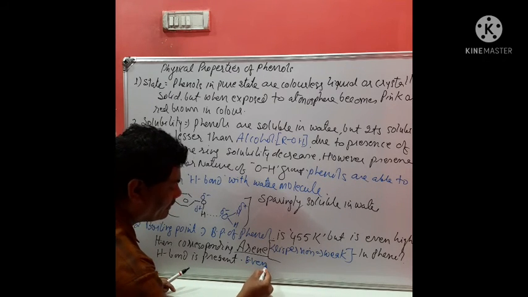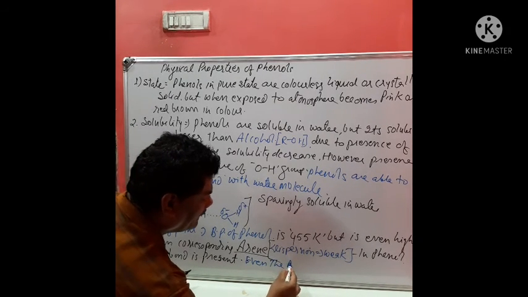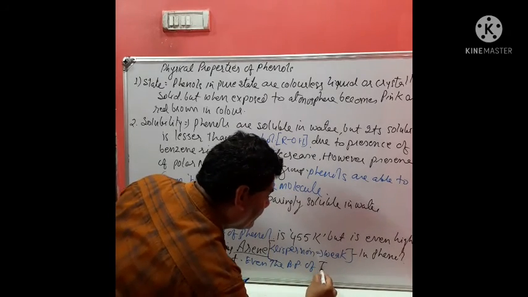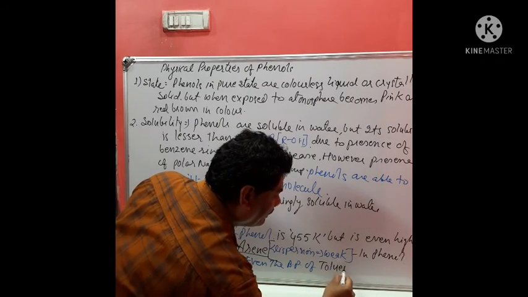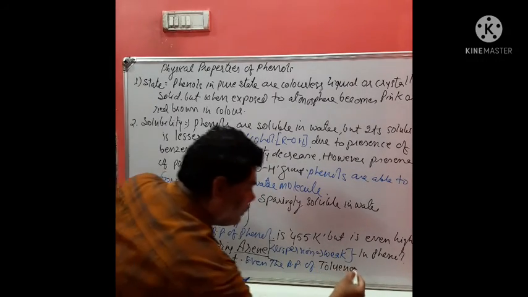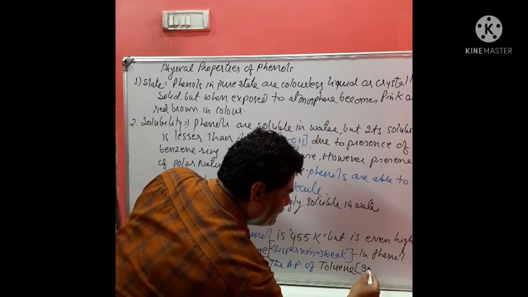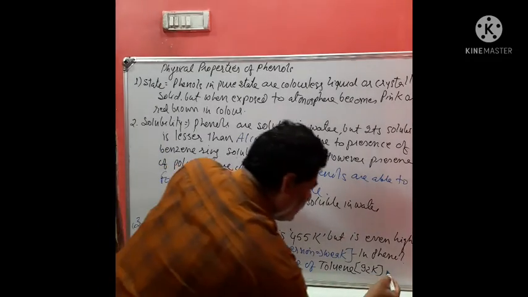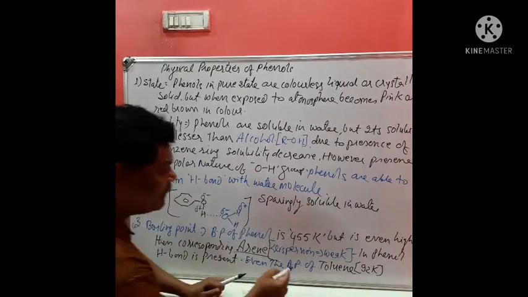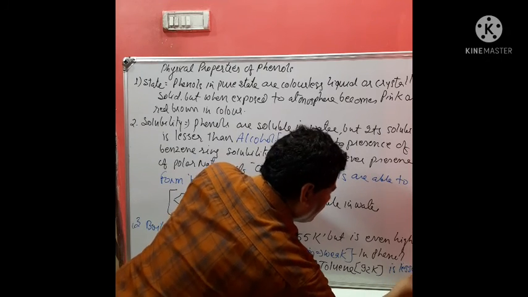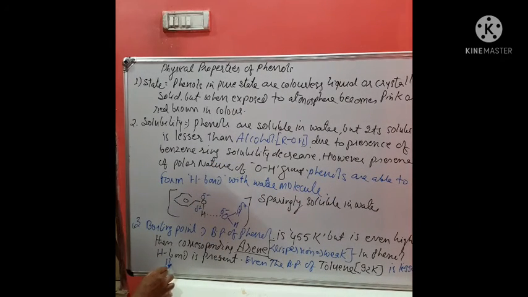Even the boiling point of toluene is lesser than phenol. Now, what is toluene? Benzene ring with CH3. Now, what is the molecular mass of toluene? This is 92. Okay.